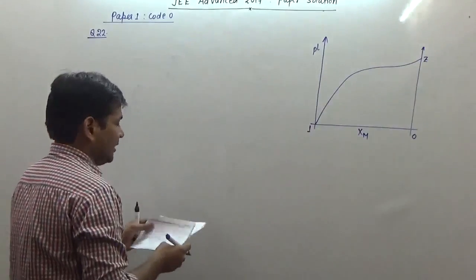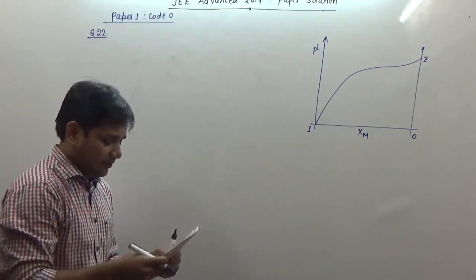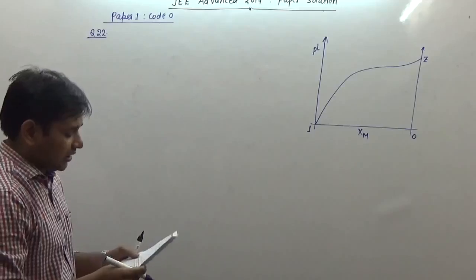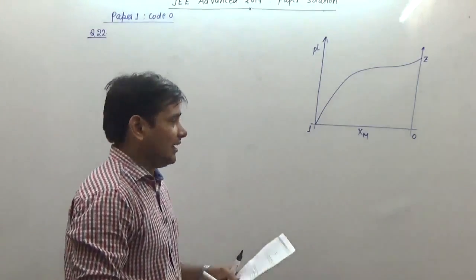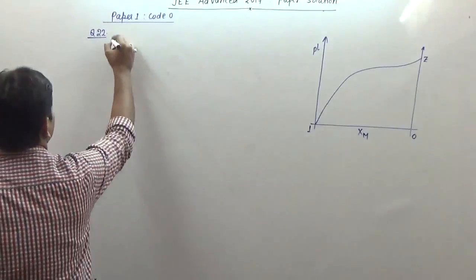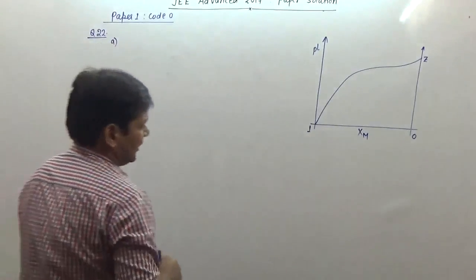XL and XM represent mole fraction of L and M respectively in the solution. Correct options applicable to the system are the options given.